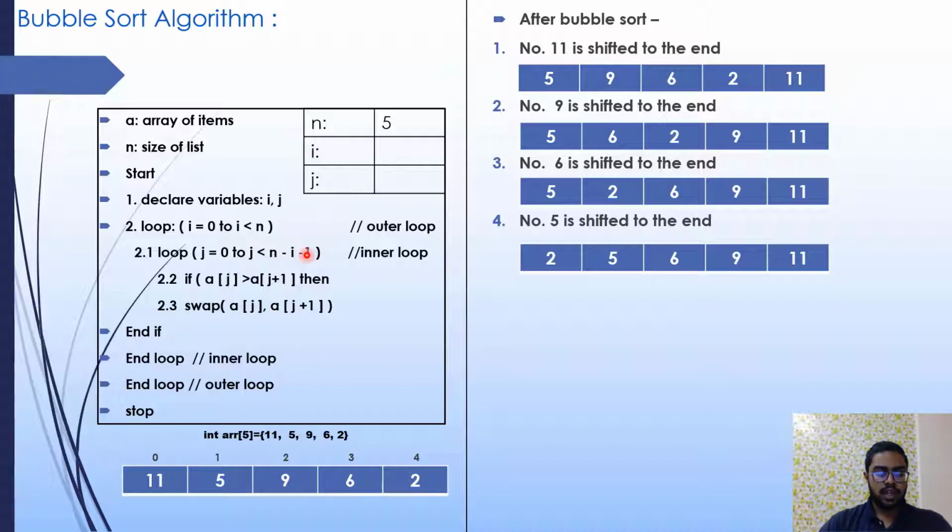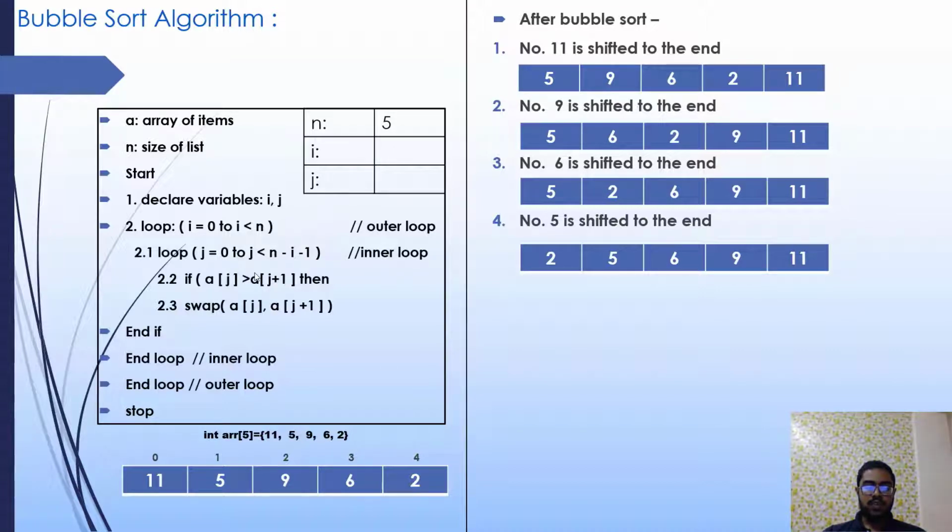Now this is the inner loop. What is the value of n? Currently the value of n is 5. So 5 minus the value of I, which is 0, minus 1 is ultimately equal to 4. So j is less than 4.